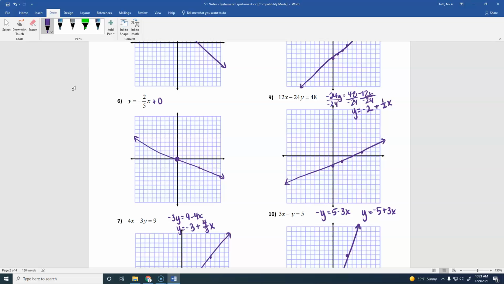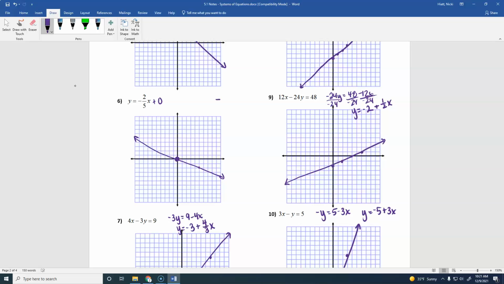Okay, so that negative 2 over 5, is that your slope or your y-intercept? Slope, because it's beside the x, right? So that is your slope. So you need a y-intercept to start from, right? If there is nothing there, you can put a plus 0 on the end. So if we put a plus 0 there, we'll put a dot at 0.